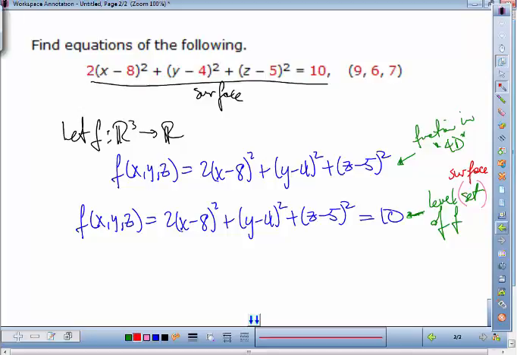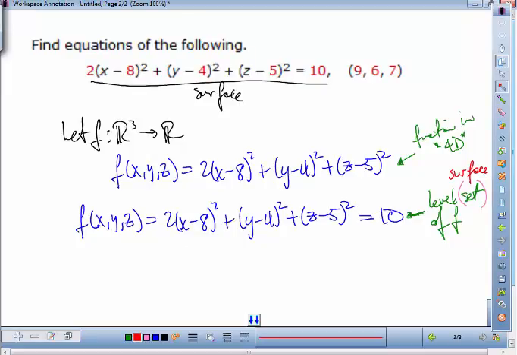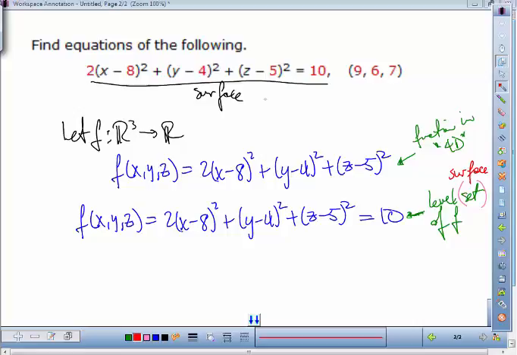Remember yesterday in our discussion, the set could be a curve, or a surface, or something even more weird in higher dimensions, depending on the domain. If your domain is 2-dimensional, then you're looking at a curve. If your domain is 3-dimensional, then you're looking at a surface. So this is a level surface, and we've seen in our graphing program that it actually is a surface. So that's the distinction.